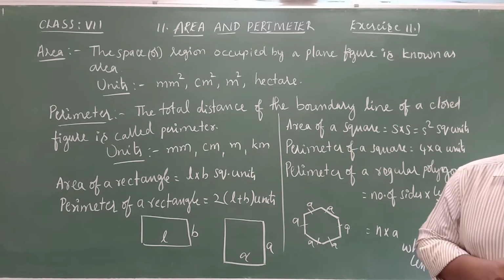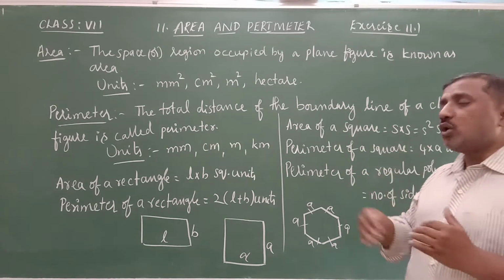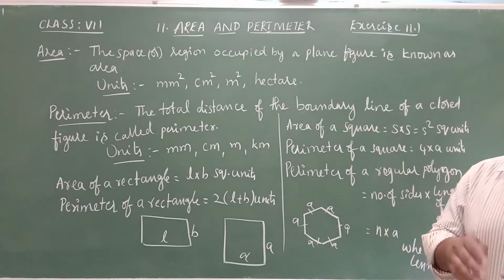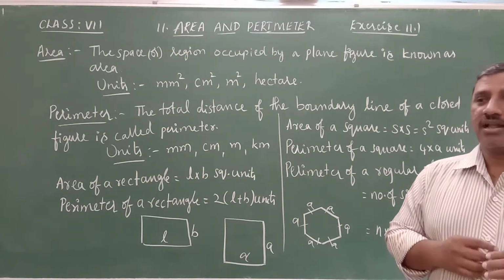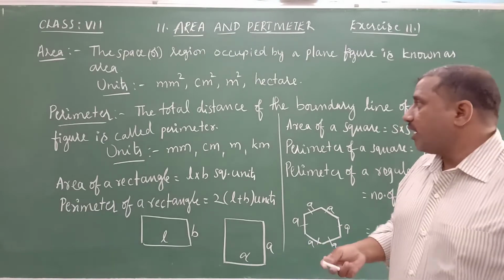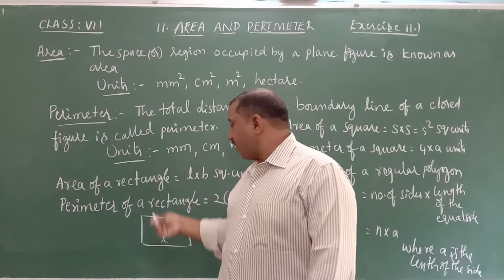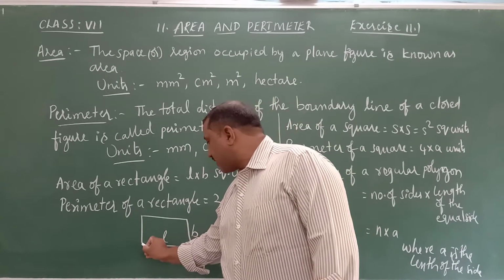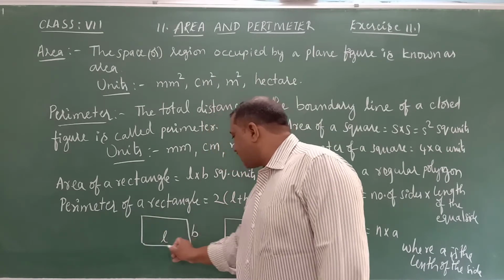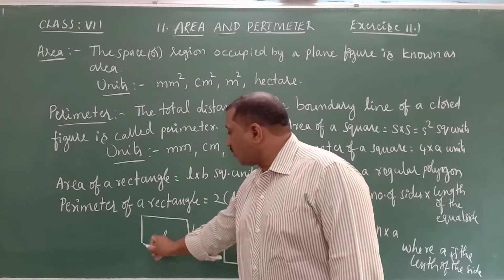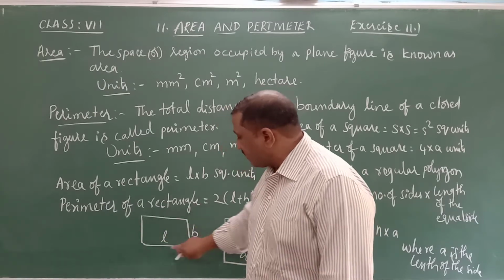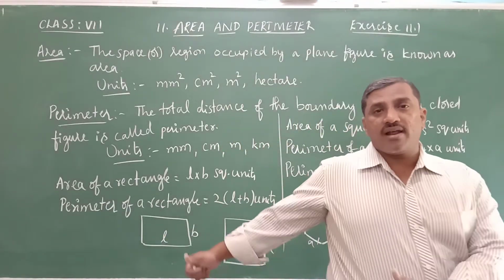Now perimeter. What is perimeter? The total distance of the boundary line of a closed figure is known as perimeter. For example, take a rectangle, it is closed and it has 4 sides. The total length of these 4 sides will give you the perimeter of that rectangle.